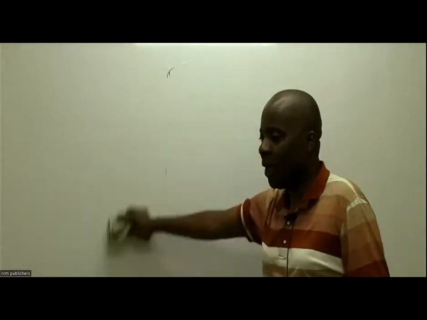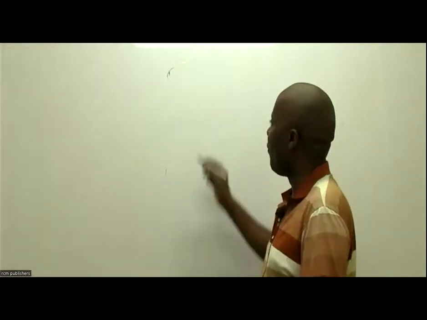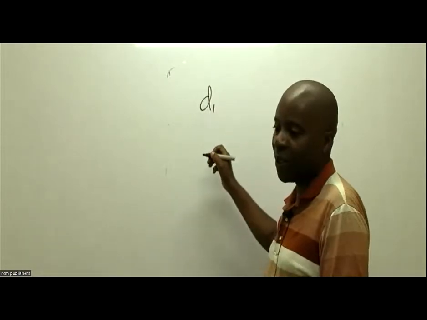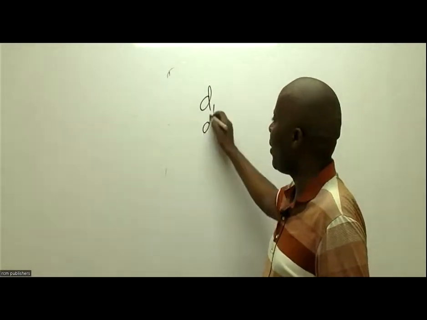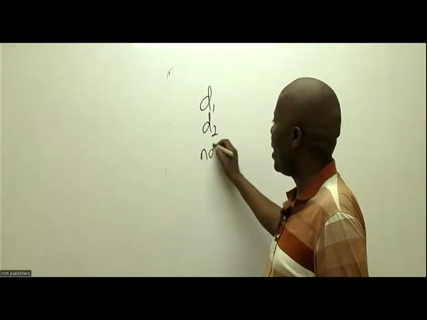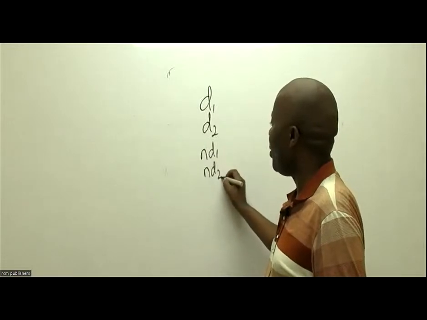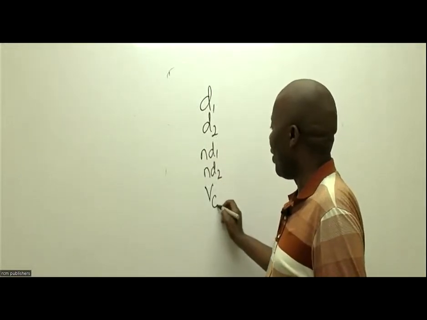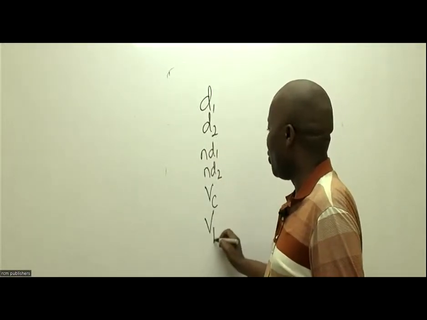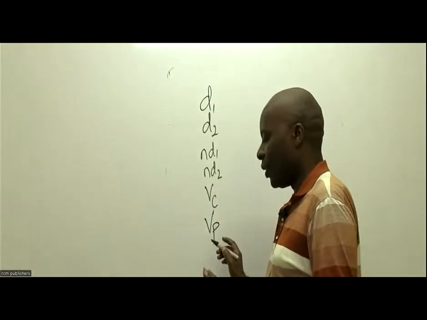Then straight away, I know what I need to do. The first step will be for me to get D1 because it's the Black-Scholes model. Then give us D2, give us N(D1), give us N(D2), give us the value of a call, then the value of a put, second last.